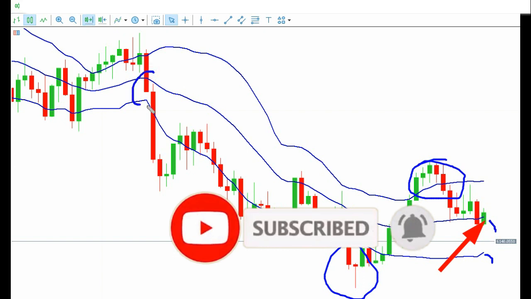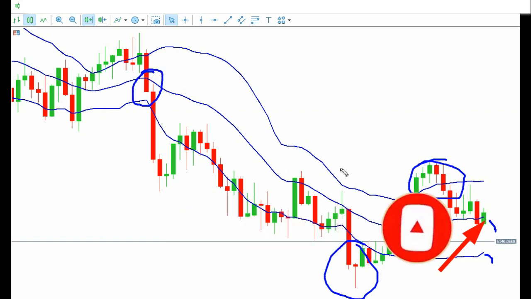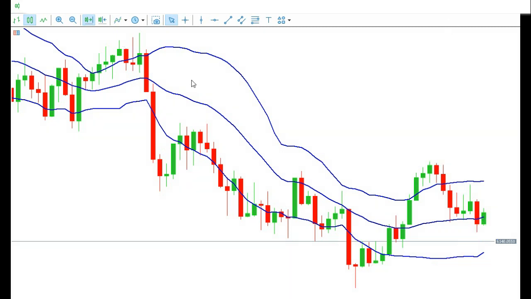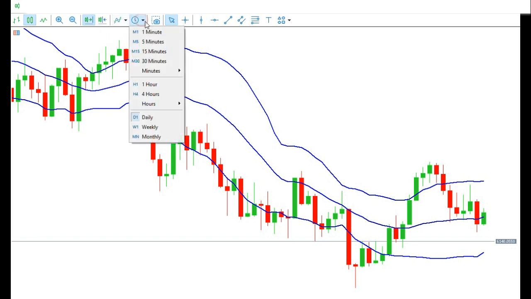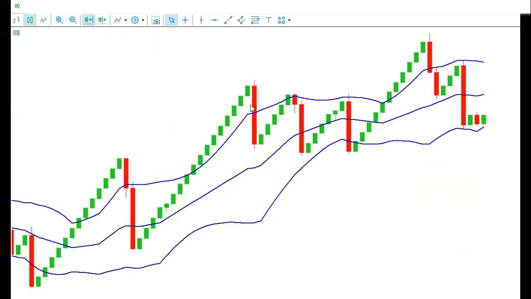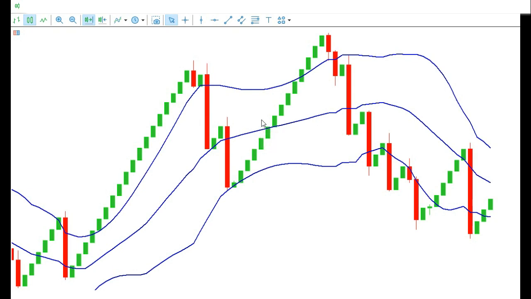Just imagine something like this, and immediately this thing breaks out like this, and every other trade is going below this middle Bollinger Band. Everything that happens below this place is a sell, and everything that happens above this place is a buy. And if this happened in your higher time frame, believe me, in your lower time frame, what you'll be seeing is pure strong up movement.